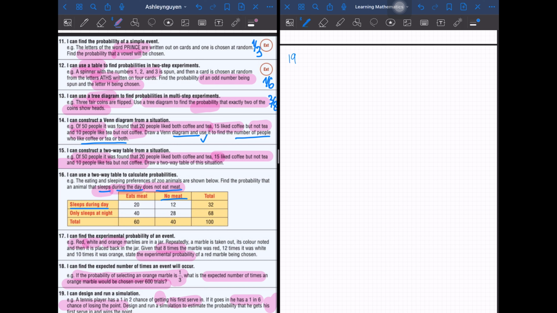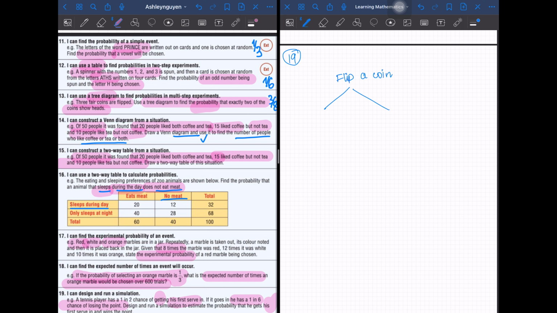So firstly, the tennis player has a 1 in 2 chance of hitting the first serve in. A 1 in 2 chance reminds you of flipping a coin. If you flip a coin, you also have a 1 in 2 chance of head and a 1 in 2 chance of tail.